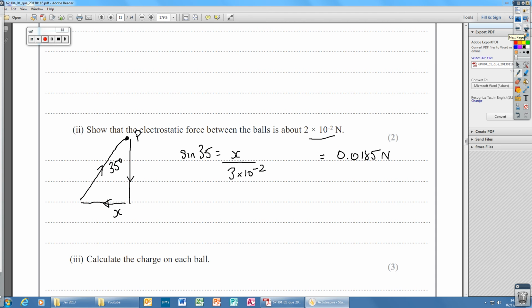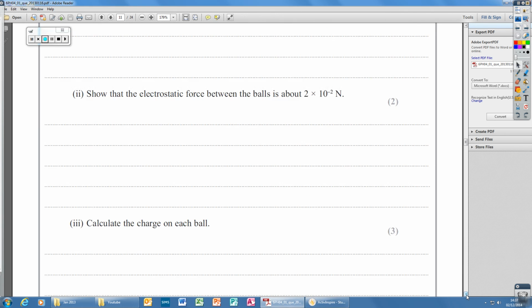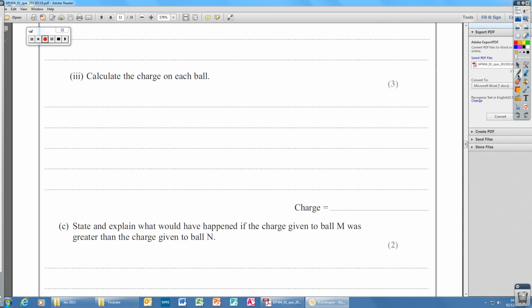Right, last but one part. In the last but one part you really do need to use Coulomb's law, to calculate the charge on each ball. If I begin by writing down Coulomb's law, the charge on the balls is exactly the same, so I can use Q squared rather than Q1 Q2, over r squared, and I want Q. Now I would rearrange this. I know mathematically a lot of you don't do this, and that's fine, but this is the way I like to work.